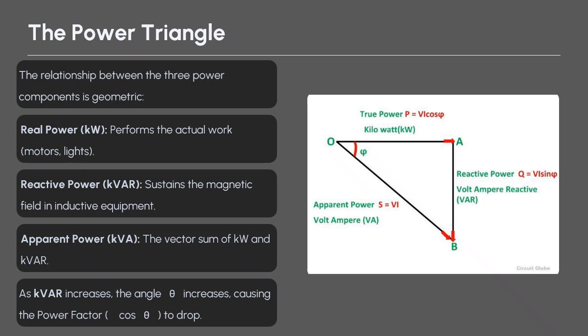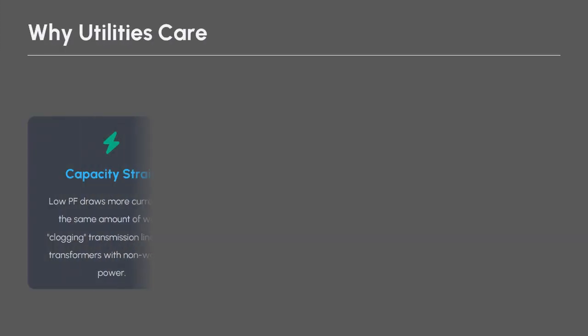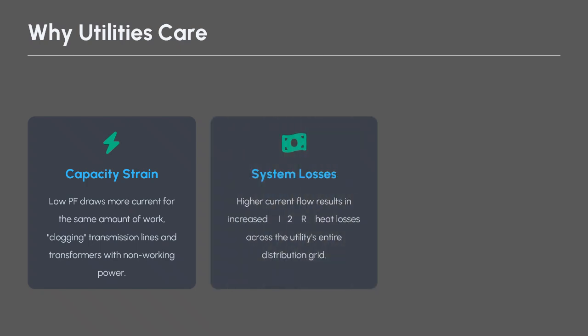Why utilities care? Power factor is not just an internal efficiency problem, it is a major headache for utility companies, which is why they impose penalties. First, low PF causes capacity strain. The reactive current essentially clogs their transmission lines and transformers with non-working power, limiting the total capacity they can deliver.